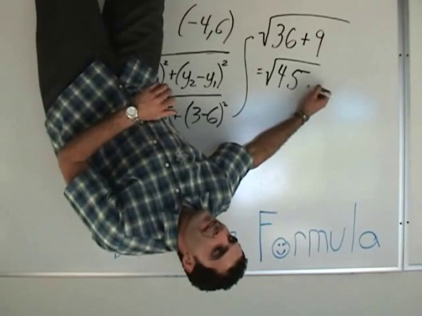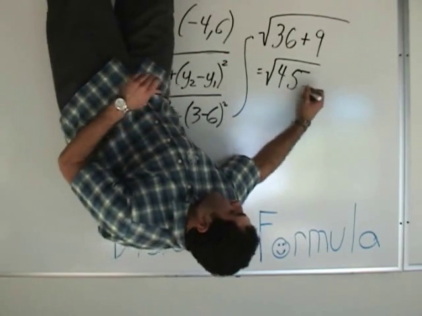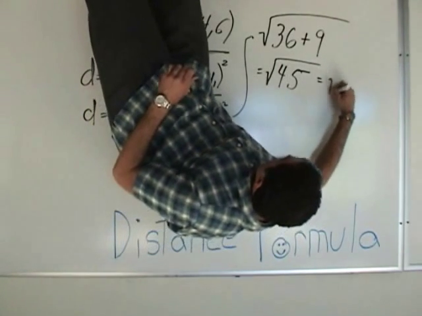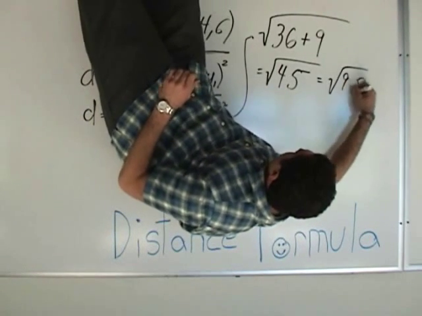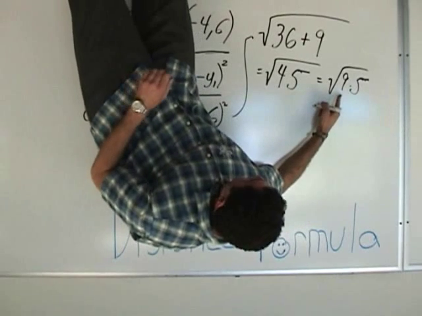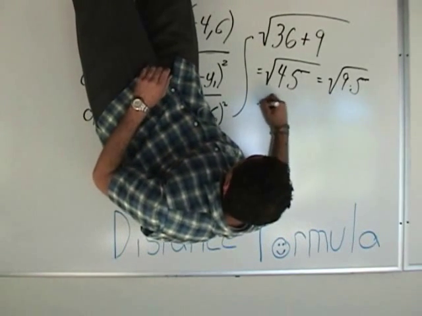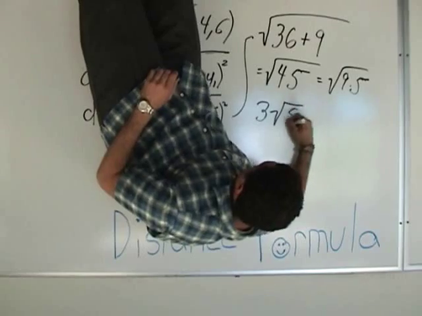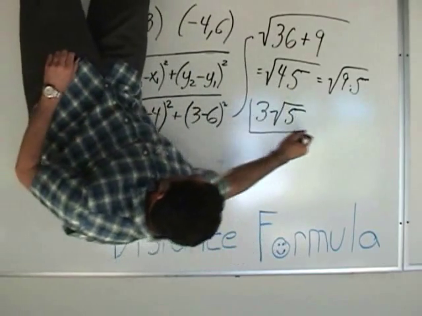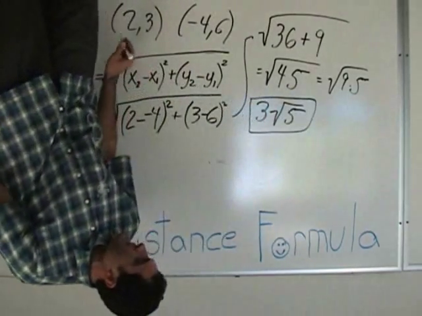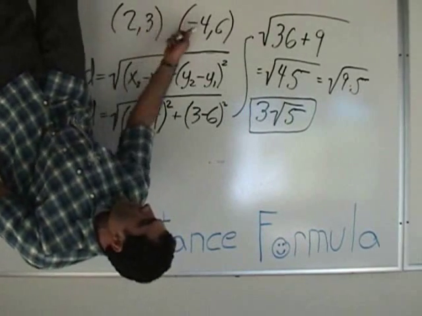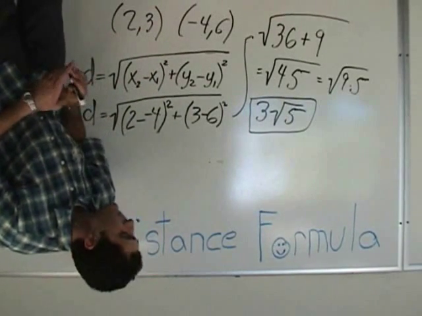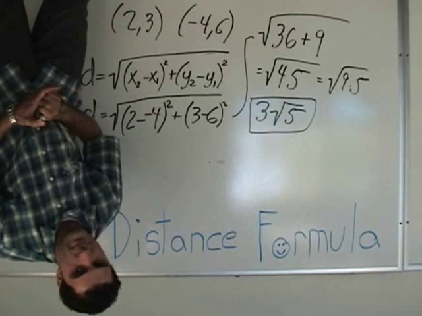What's the simplified form? 3 root 5. Good. So this will become the square root of 9 times 5, and the square root of 9 is 3. So 3 square root of 5 is the answer. Full sentence: the distance between 2, 3 and negative 4, 6 is 3 root 5.